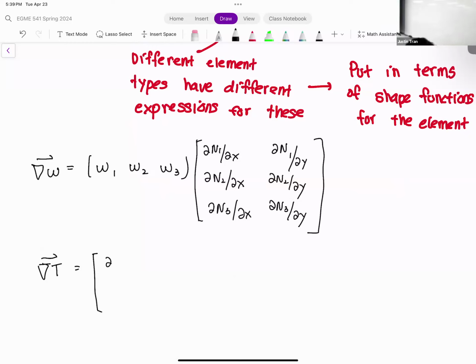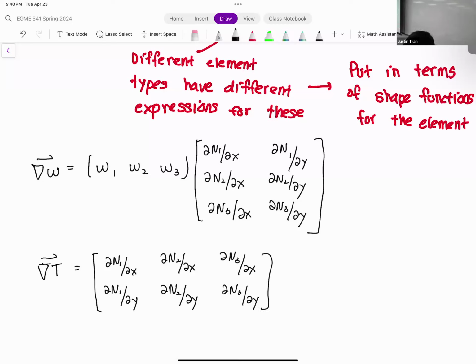You have partial N1 partial X, partial N2 partial X, partial N3 partial X. This time they're all in the same row as opposed to the same column. And partial N1 partial Y, partial N2 partial Y, partial N3 partial Y. And they're multiplying the column vector T1, T2, T3.